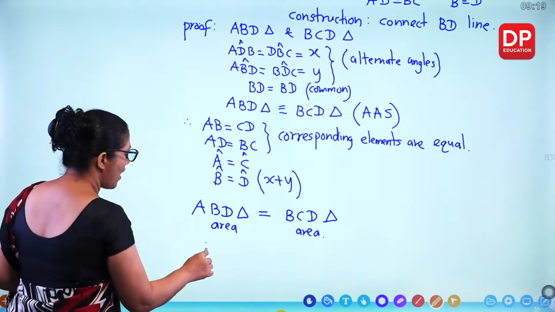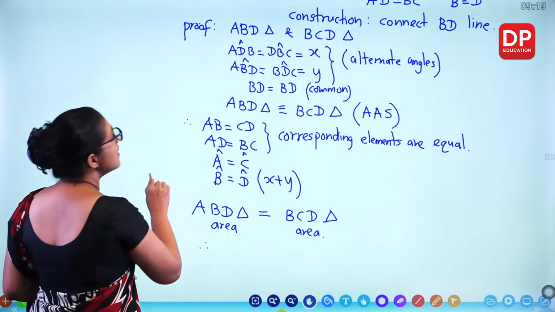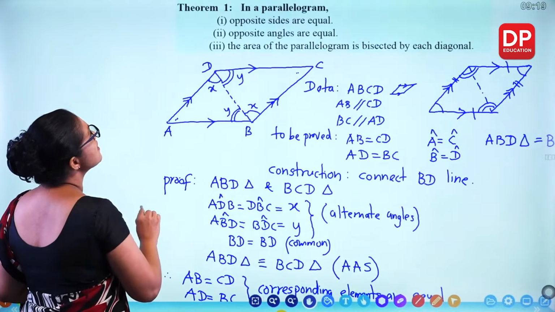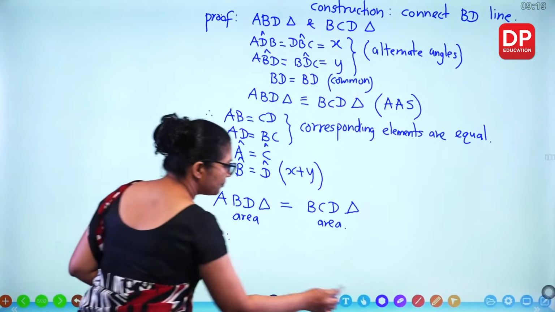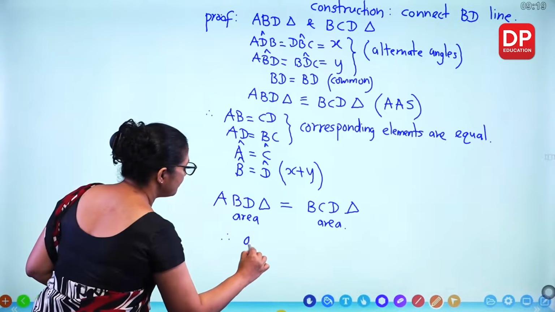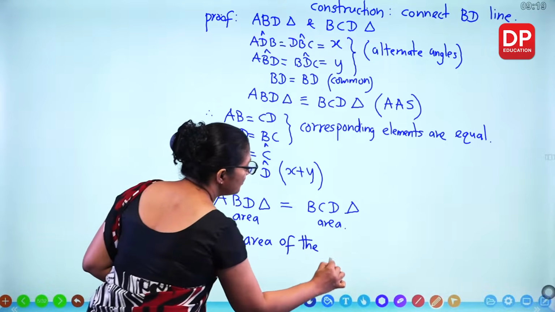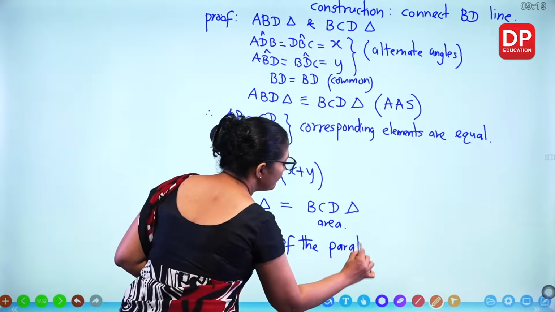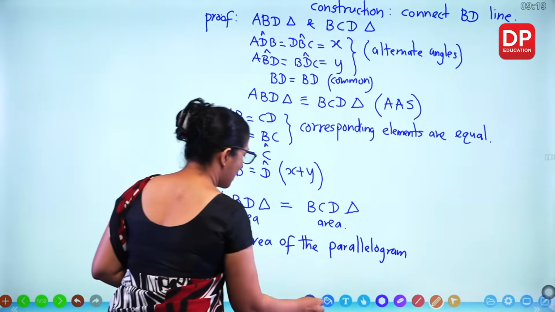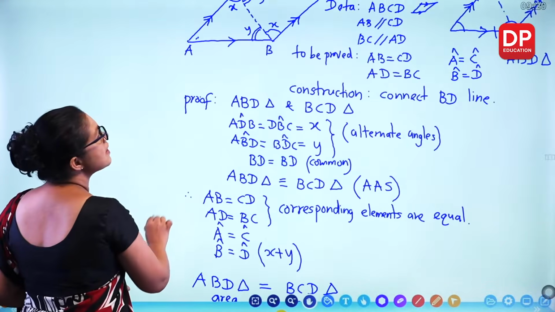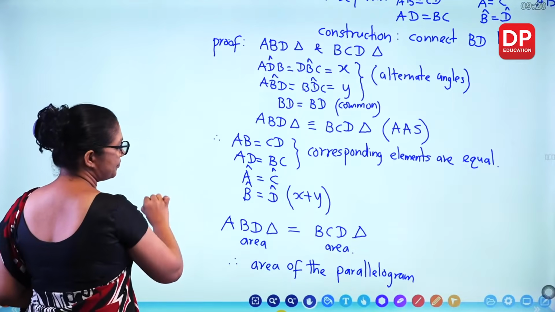So therefore I can write the last part of this, the area of the parallelogram bisected by each diagonal.